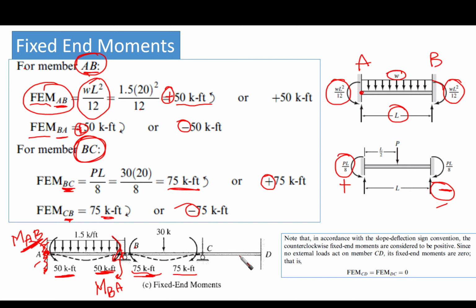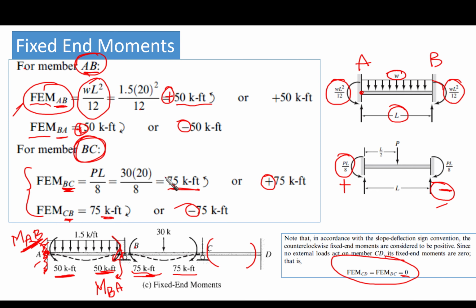The answer is no. Why? Because there is no external loading. So I put here that FEM CD equals FEM DC equals 0. We said before that fixed end moments are considered to be the reflection of the external load applied on the system.